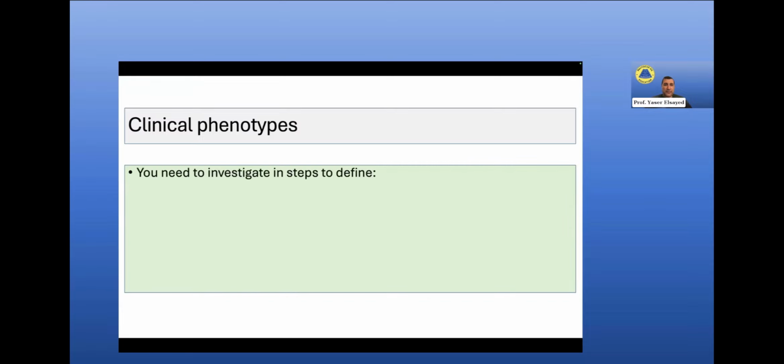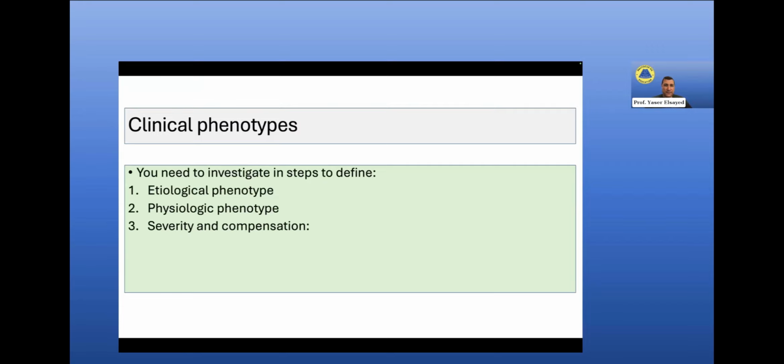So now we'll move to the clinical phenotypes. You need to investigate in steps, be systematic, to define etiological phenotype, physiological phenotype, severity and compensation, mild, moderate, severe, with aerobic or anaerobic metabolism, and the degree of compromised oxygen delivery. Simply, we can estimate the oxygen delivery if you calculate cardiac output and multiply by hemoglobin, multiply by oxygen saturation, you'll get the estimated oxygen delivery, which is 20 to 40 ml per kg per minute.